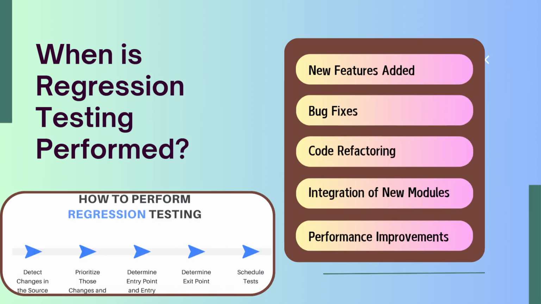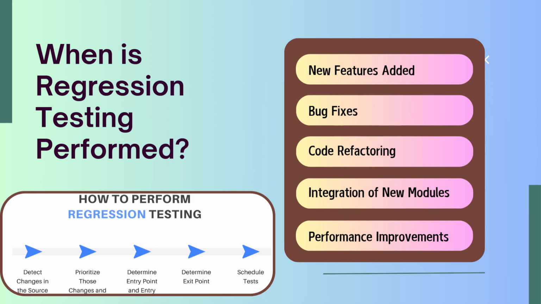So when is regression testing performed? Every time there is a code change, but let's break it down. First is a new feature added, so we test to ensure that existing functionality still works. Bug fixes, to confirm a fix resolves the issue without breaking other parts of the software.